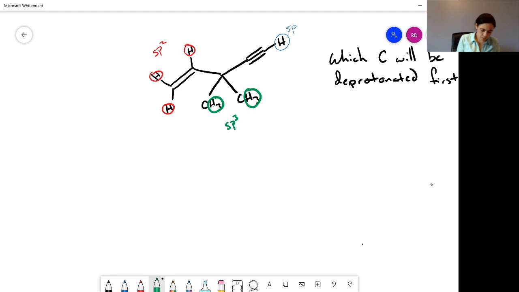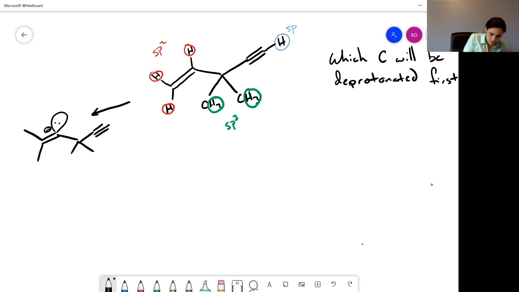All right, so if we deprotonate one of our sp2, we're going to end up with a lone pair that is perpendicular to the pi system, right?